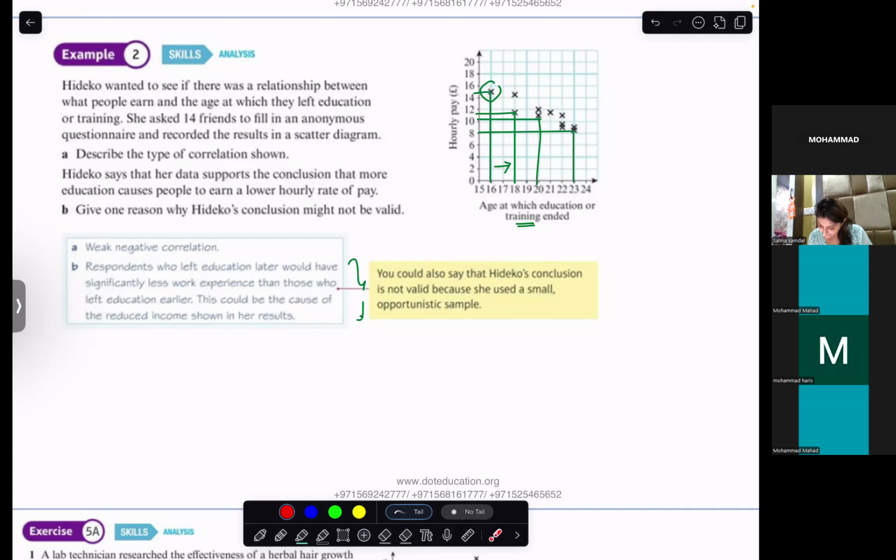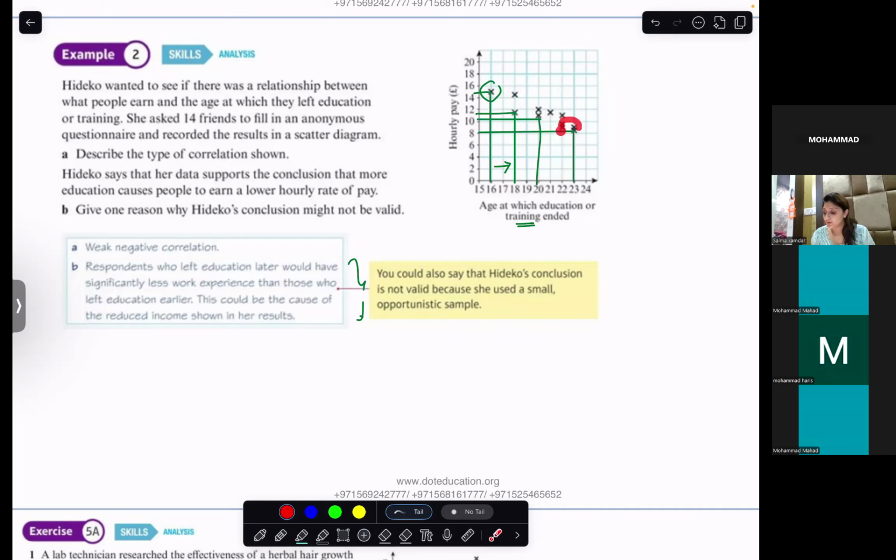Hidiko's conclusion is not valid since the people who have left education later have significantly less work experience than those who left education earlier, and this could cause them to earn lower wages than people who left earlier.